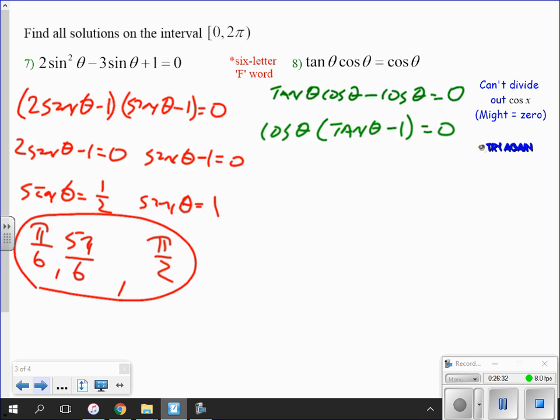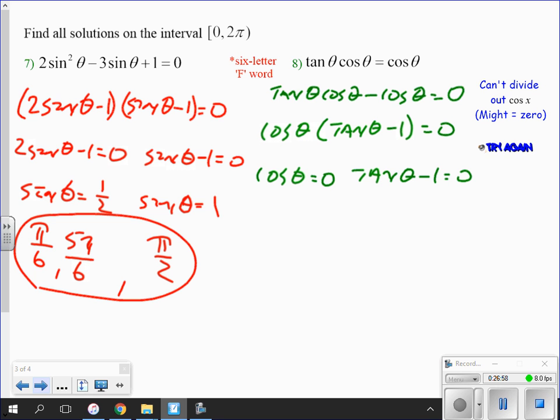And now set each factor equal to 0, just like we set each factor equal to 0 here. Cosine theta equals 0. Tangent theta minus 1 is equal to 0. Where is the cosine of 0? Pi over 2, 3 pi over 2.